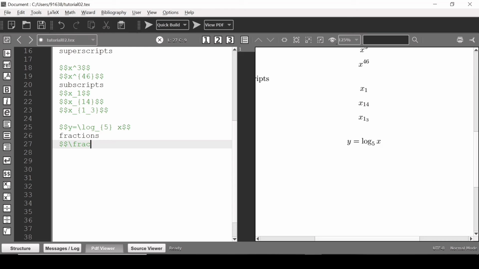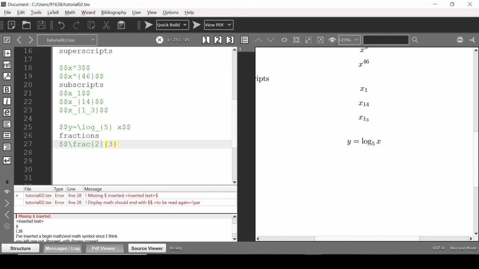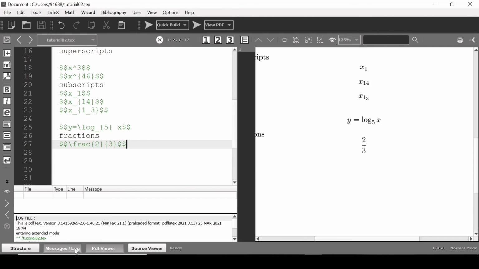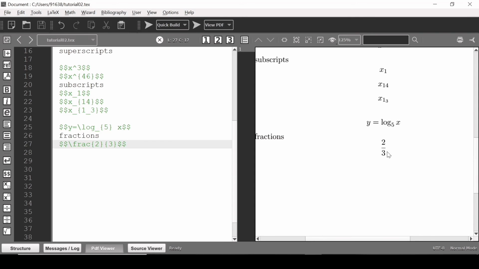After writing frac, you write curly brackets, and if you write first 2 then 3, you will get the result 2 by 3. Oh, I forgot to put the double dollar sign here. Yes, you will get 2 by 3. As simple as that. Let's make it more complicated.